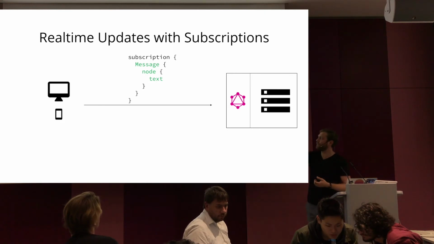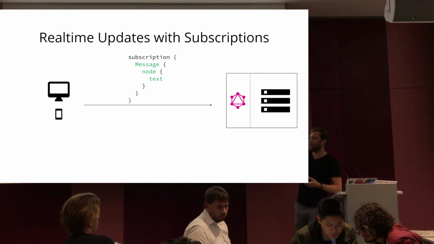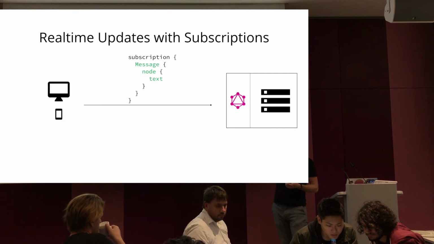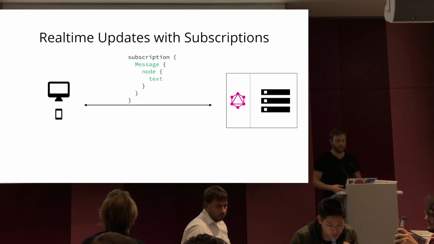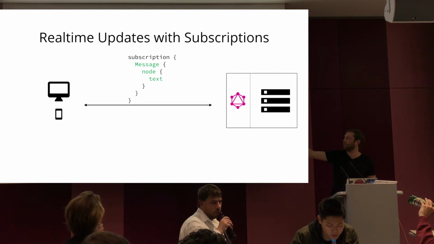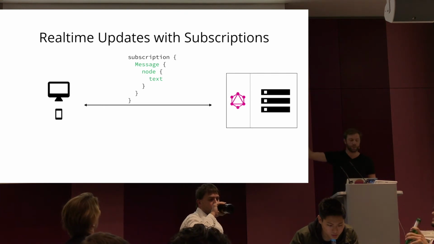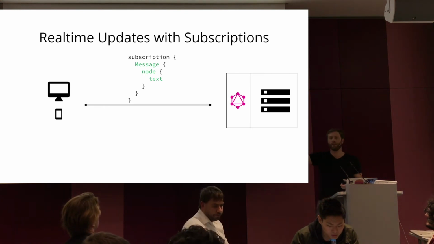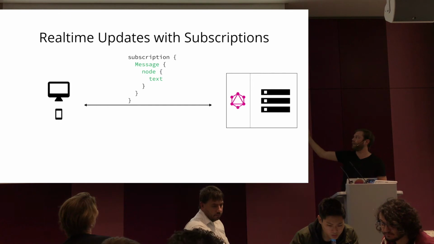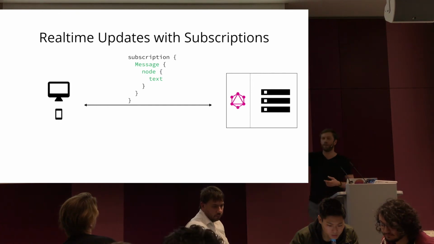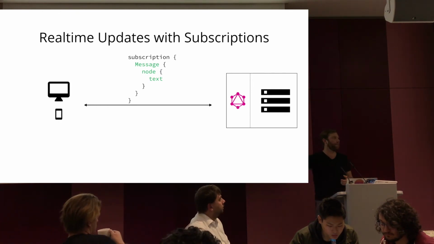The way it works is that the client is going to send over this subscription to the server. Once it did that, you'll have a steady connection between the client and the server, and the client is waiting for the event to happen. The subscription which we send over here is asking for all the events that might happen on the message type.